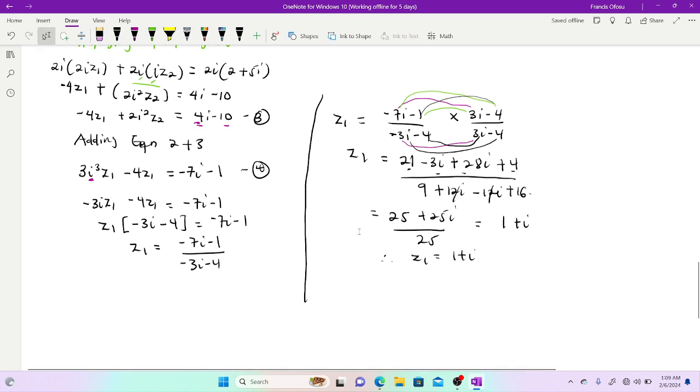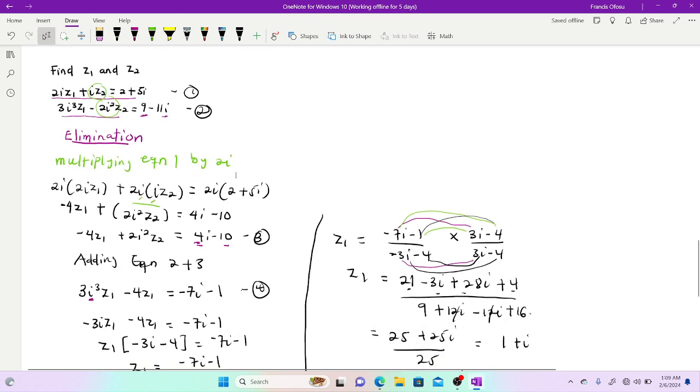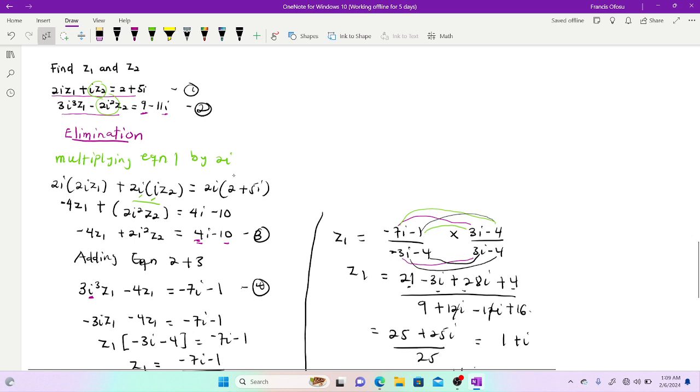Once I have Z1, I can easily find Z2 using any of the equations. So let's go back to our equation and see. So I have Z1, so I'm going to use the first equation, which is 2i Z1 plus i Z2 is equal to 2 plus 5i, right?